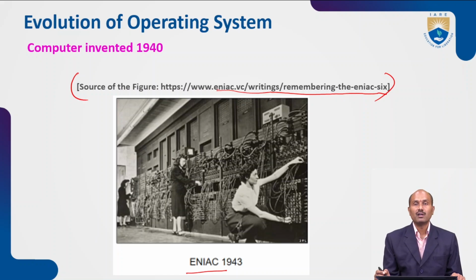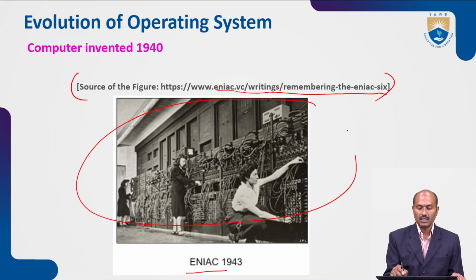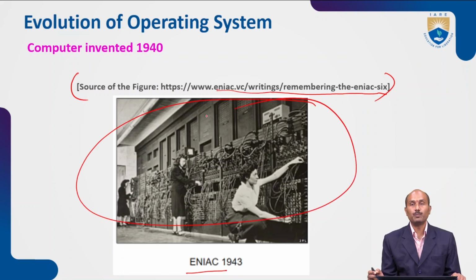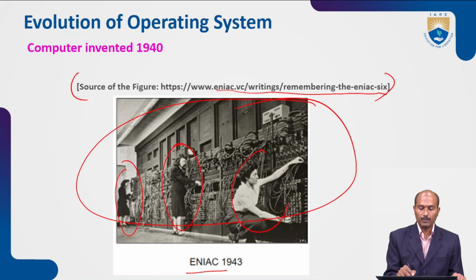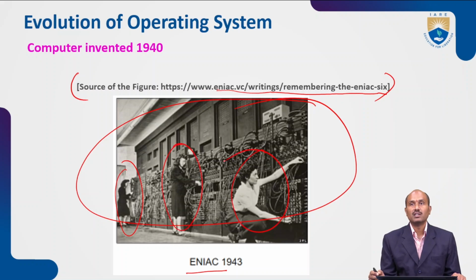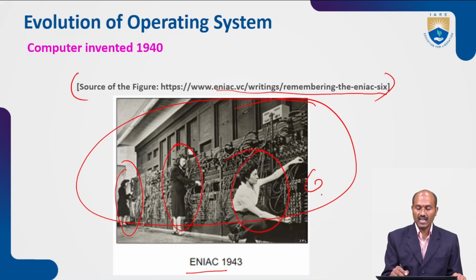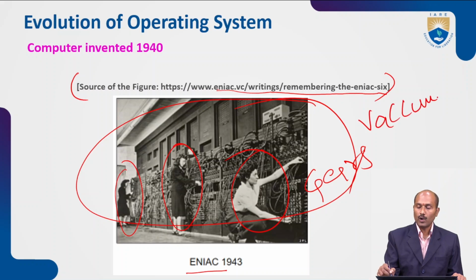Many people are working on one computer. It occupies a very huge space, and people are involved in working on this computer. We see three people in this picture, working with the gates. This computer contains vacuum tubes, and it occupies huge space.